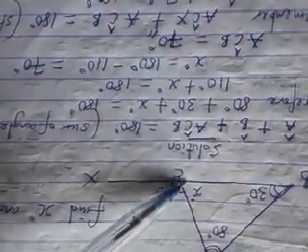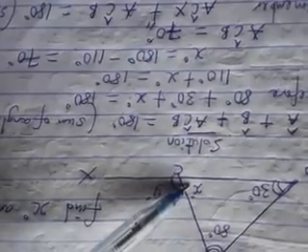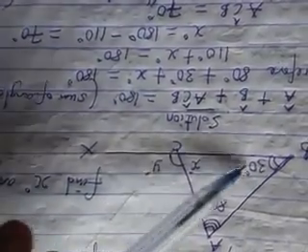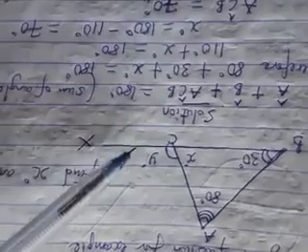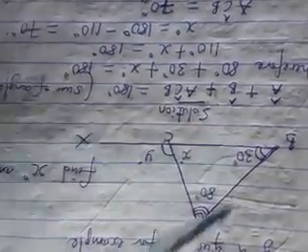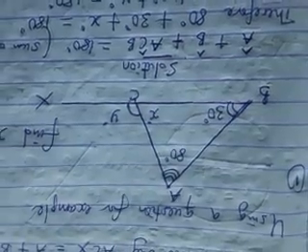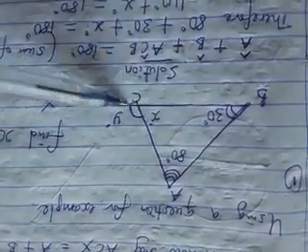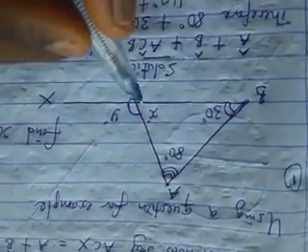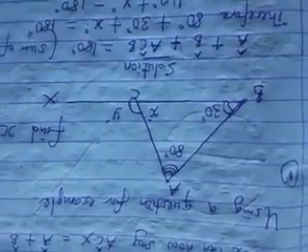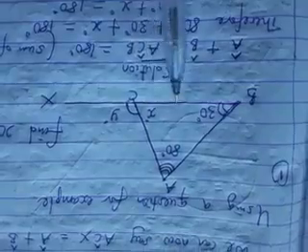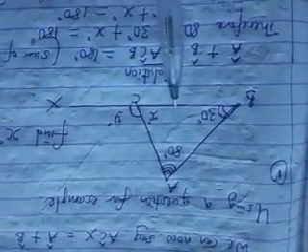Now, if this angle is 70 degrees, don't forget our theory says that the exterior angle of a triangle is equal to the sum of the opposite interior angles. Let us see whether Y will still give us the same answer as when we add 80 plus 30. Remember, the sum of angles on a straight line equals 180 degrees.